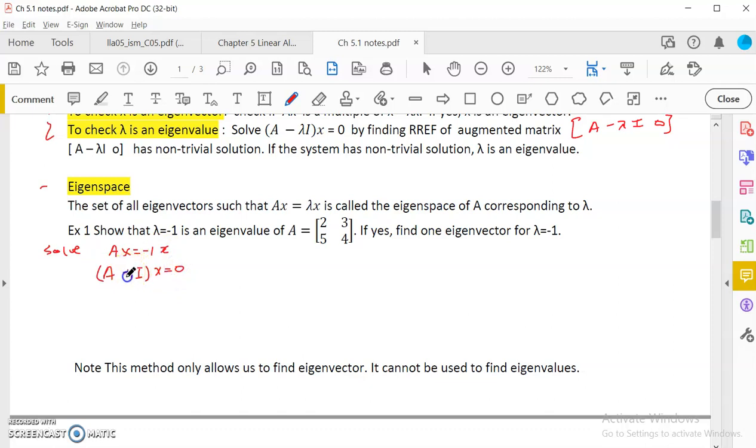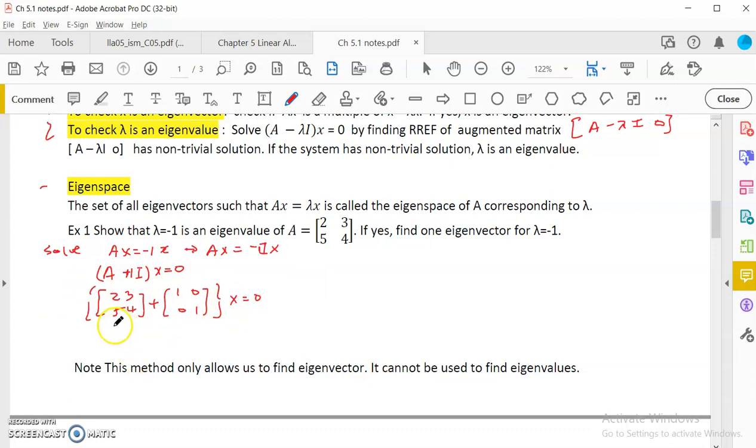Okay, it's actually plus, right? You add Ix on both sides. So actually, I would say Ax equal to -1 Ix, so it becomes plus 1 I. To solve it, that means I'm going to solve 2, 3, 5, 4 plus 1 I, where I is 1, 0, 0, 1, times x equal to 0.